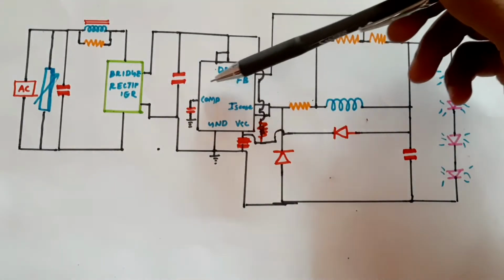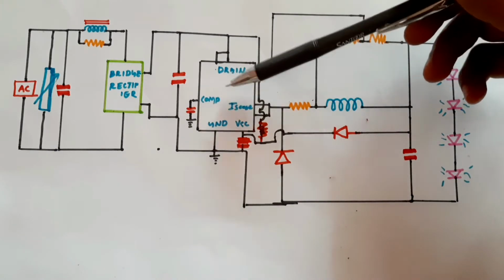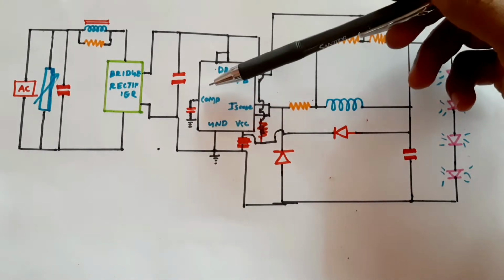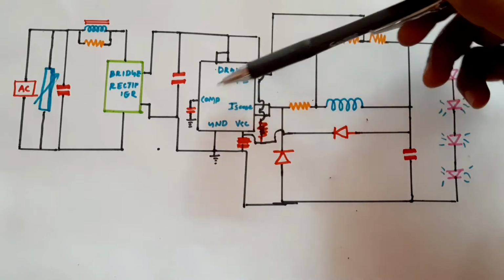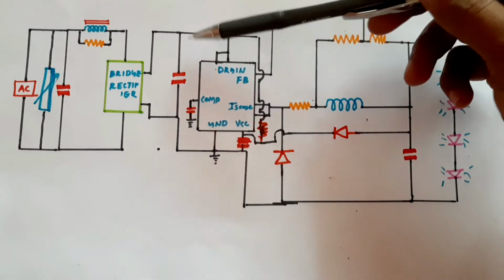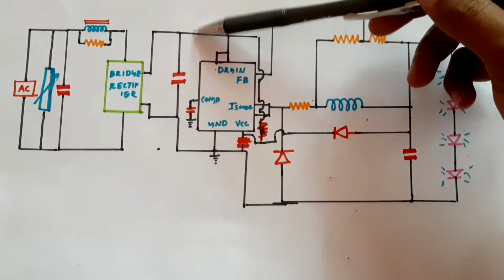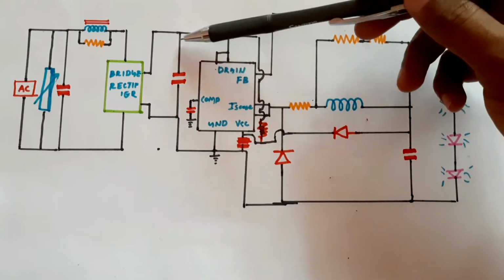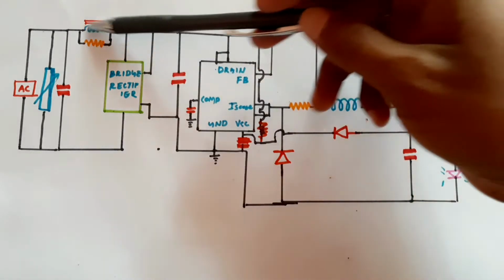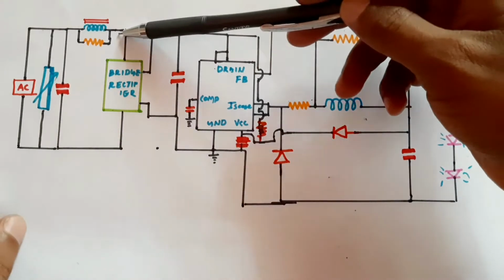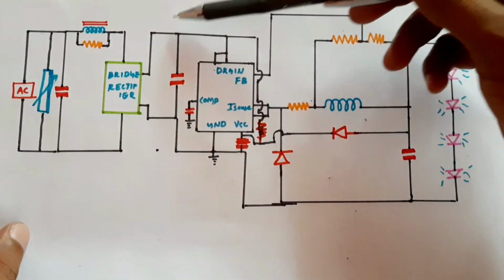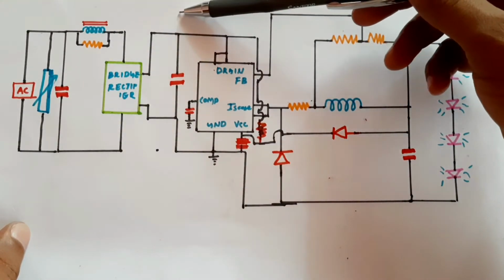This IC is switching at, say, 100 kilohertz. 100 kilohertz means there will be noise. Noise means there will be harmonics. These harmonics would go to the supply, so in order to protect against that, the harmonics are at a high frequency.